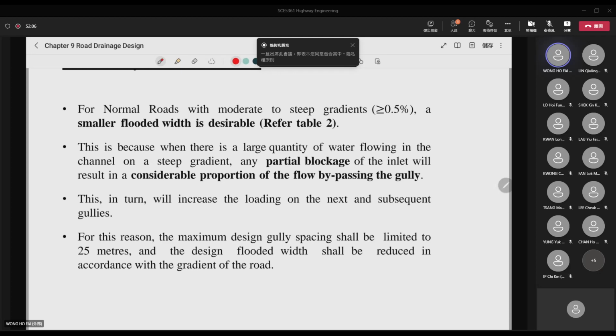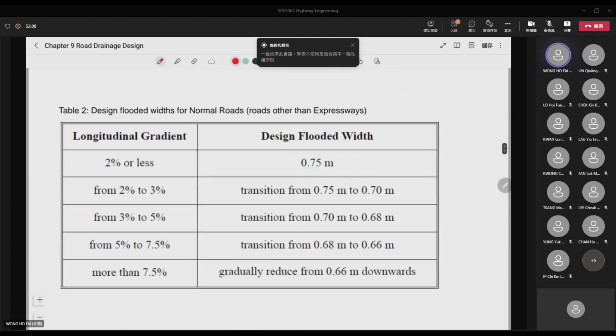So you can see that the gradient is the slope along the road. For 2%, we may just limit the flooded width to 0.75 meter. If you have a larger gradient, then we will limit the so-called flooded width from 0.75 meter to 0.7 meter.